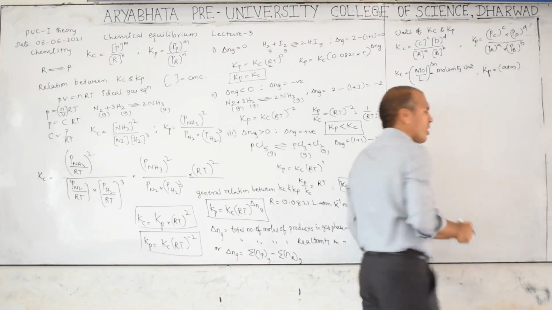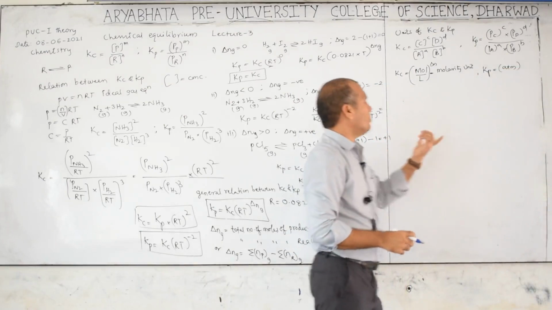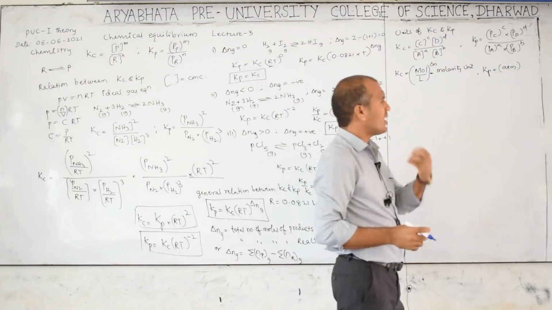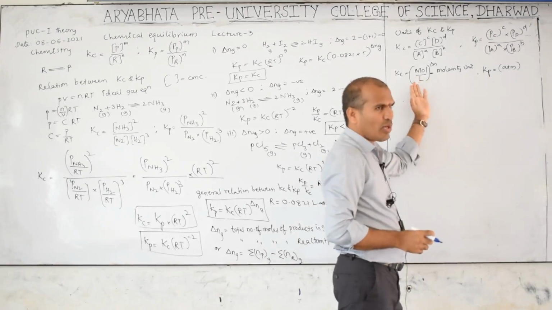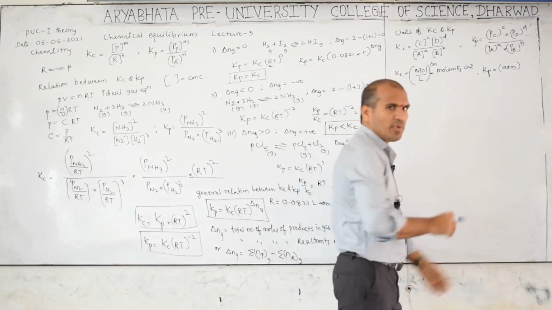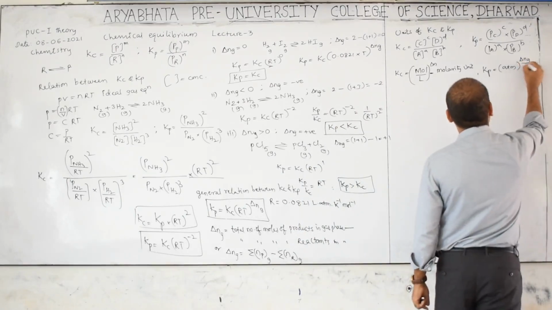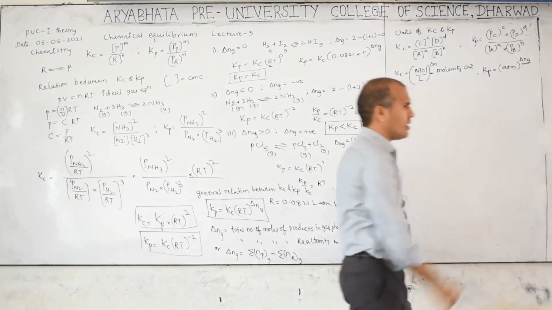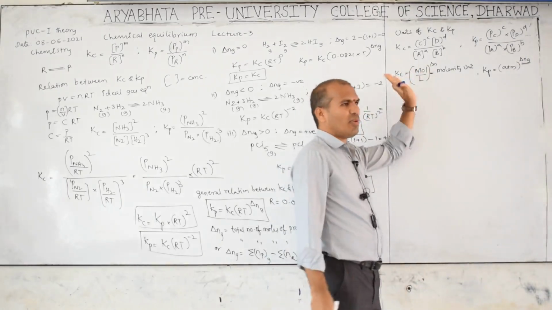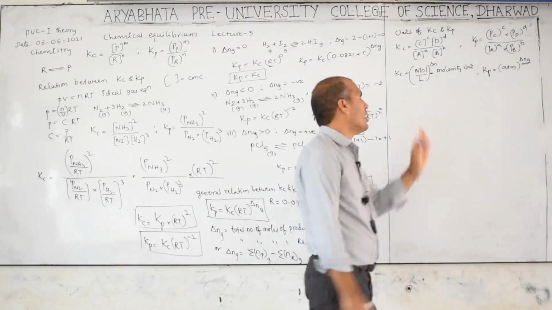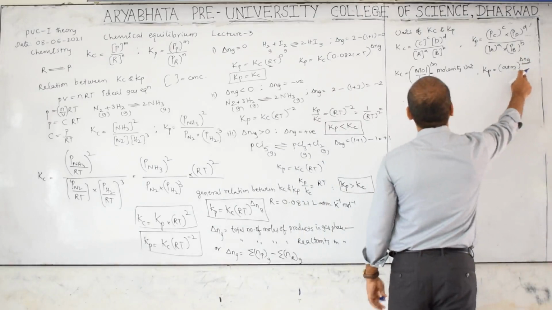Keep in mind, Kp unit will always be taken in atmosphere instead of bar. If bar is given, you take that, but generally it is atmosphere, and generally Kc is in molarity unit, moles per liter. Here only delta N is written, because it is applicable for both aqueous and gaseous, whereas Ng is applicable only for gaseous.